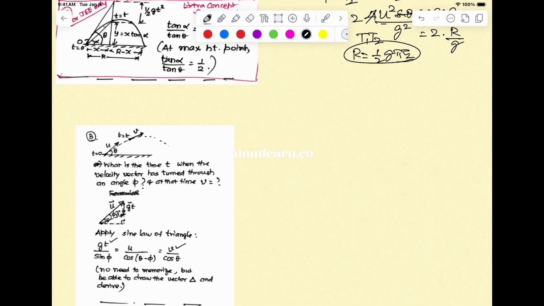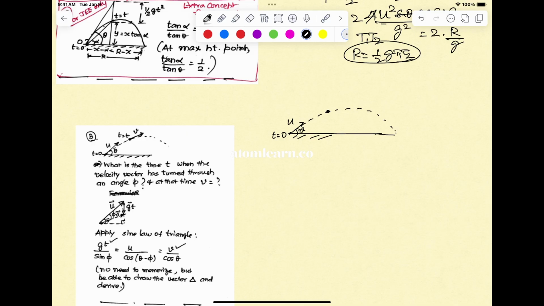Consider the projectile path. This is the ground. This is the projection velocity u at angle theta, so the projectile is going like this. Let us say t equal to 0 is the projection time. Then at t equal to t, let us say this is the point P at which the projectile is there.